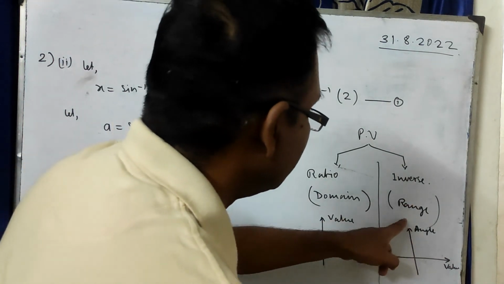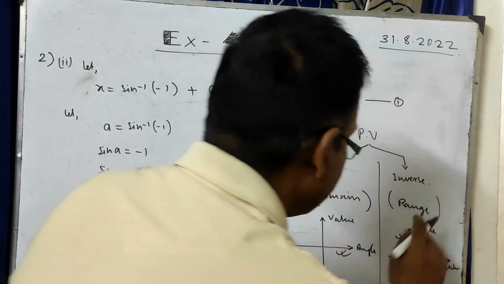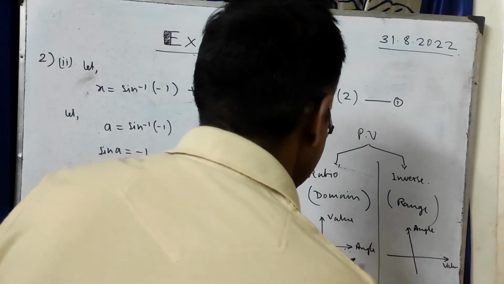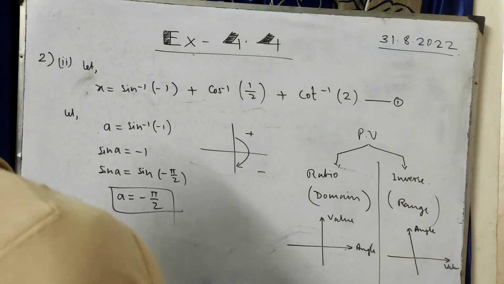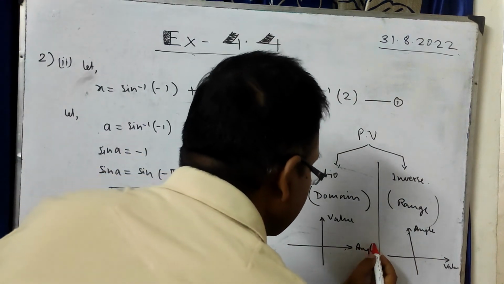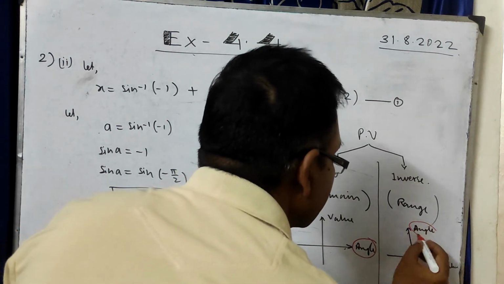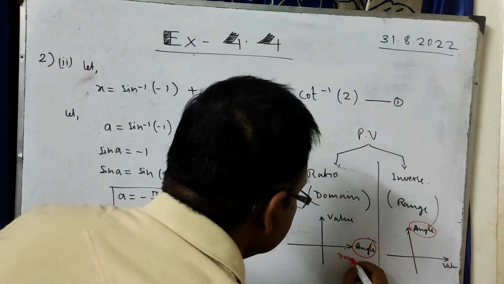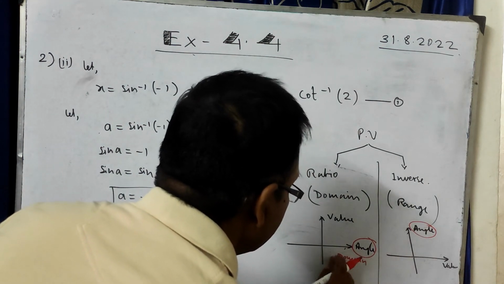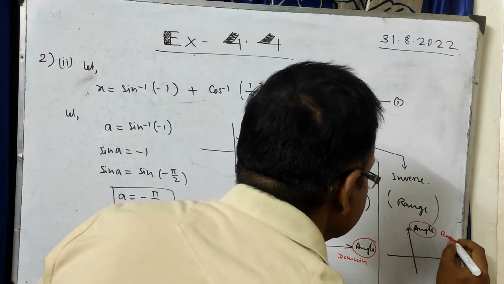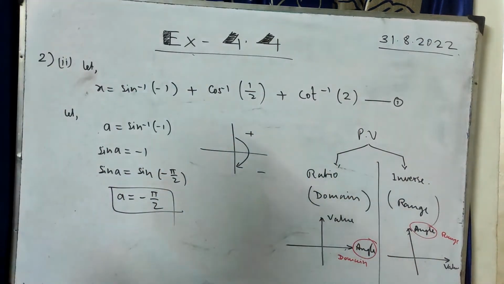Here the principal value will be the angle, because we always have to take the angle only. So this is your domain, x means domain, and y means the range. That's the reason we are taking it like that. Got it? Fine.